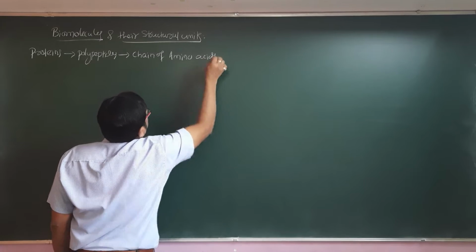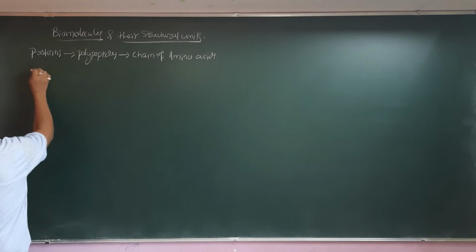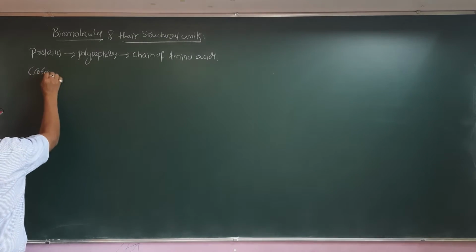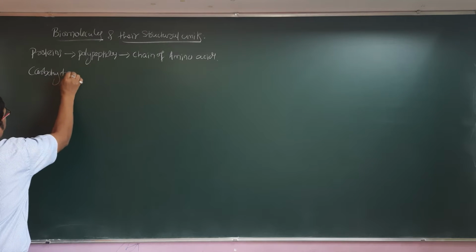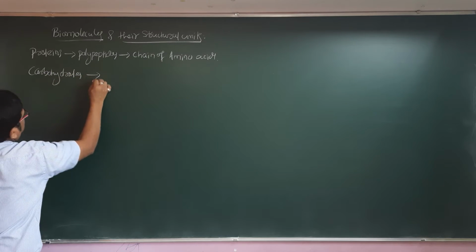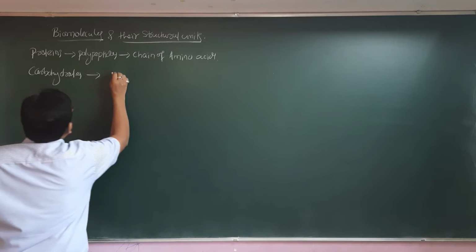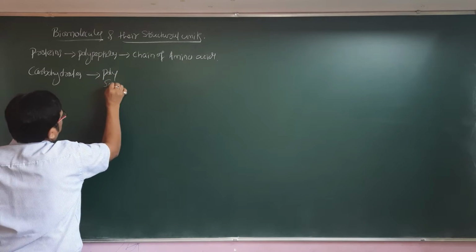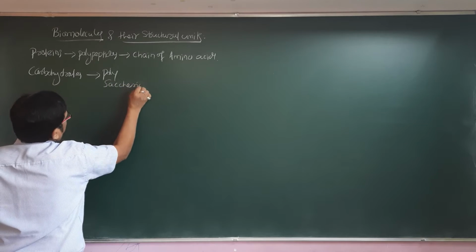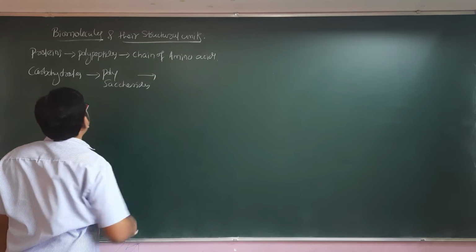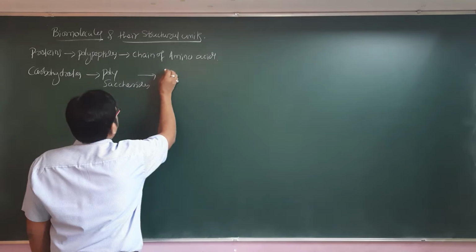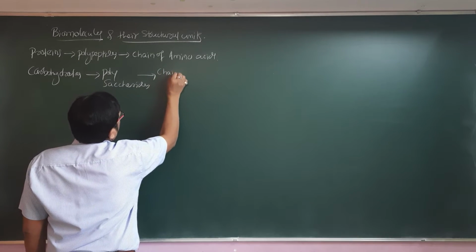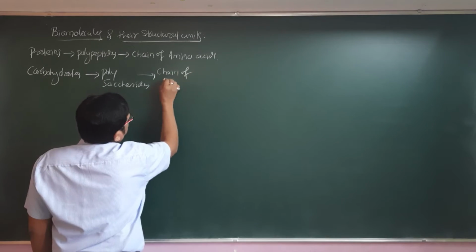And then carbohydrates are made up of polysaccharides. What are these polysaccharides? Polysaccharides are basically a chain of simple sugars.